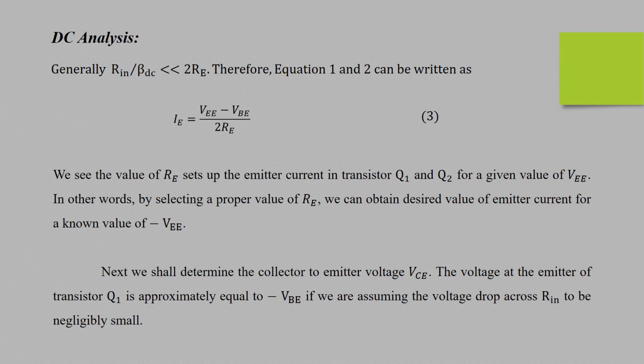Next, we shall determine the collector to emitter voltage VCE. The voltage at the emitter of transistor Q1 is approximately equal to minus VBE if we are assuming the voltage drop across Rin to be negligibly small.